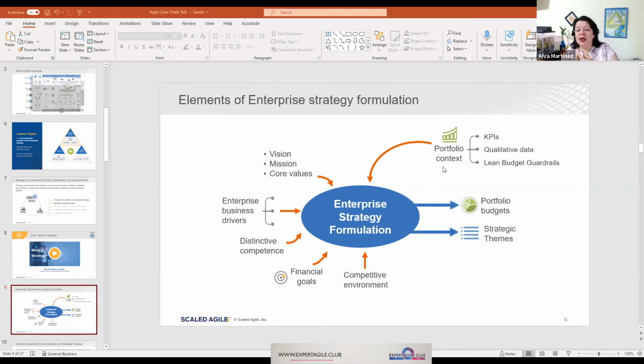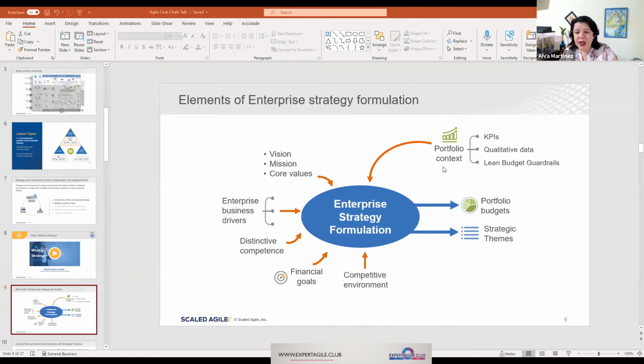The lean budget guardrails are a concept that, at the end, is only some guidelines: the policies that you need to follow in order to assign money or funding. So this is a pretty interesting concept that SAFe also proposes as part of this management.